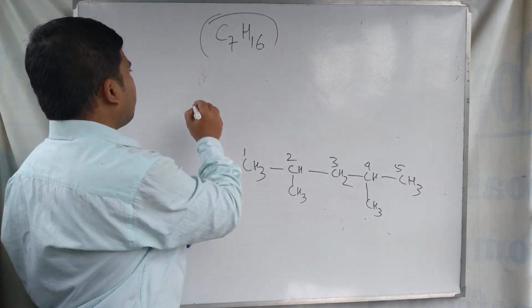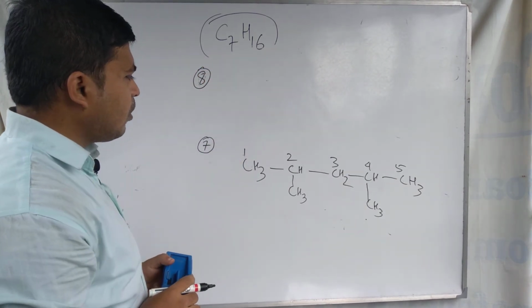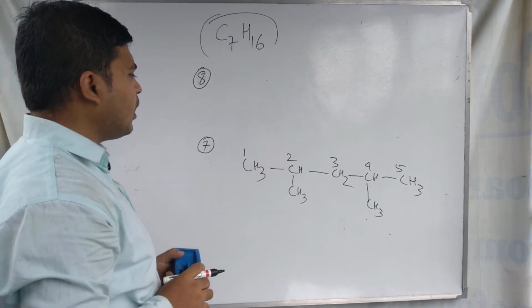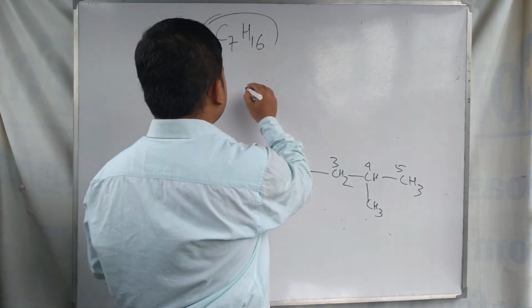After seventh we have to draw the 8 number isomers, and in case of 8 number isomers we have to cut another carbon and use it in the chain branch.